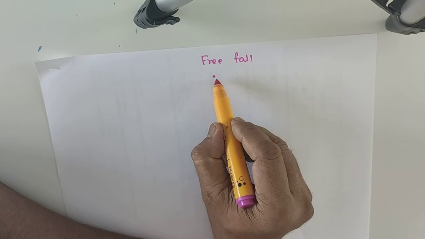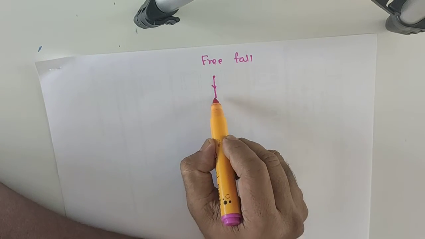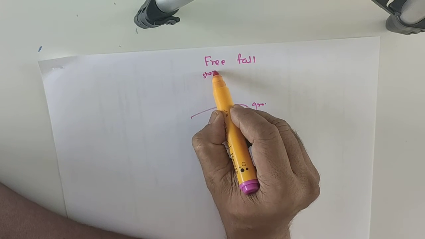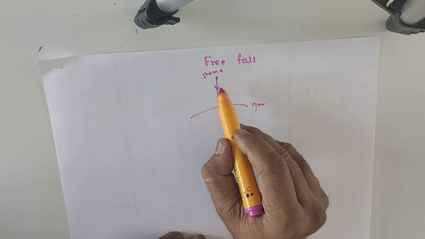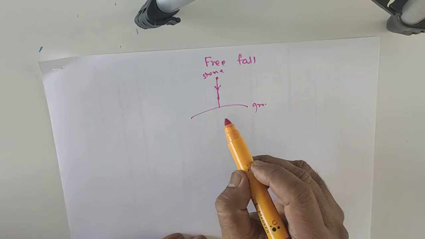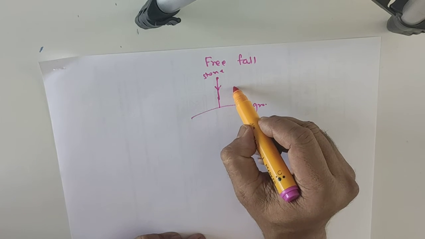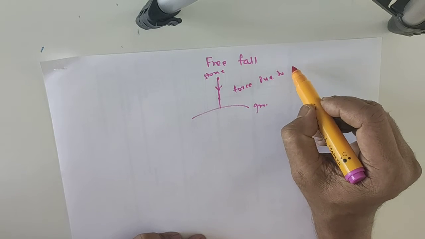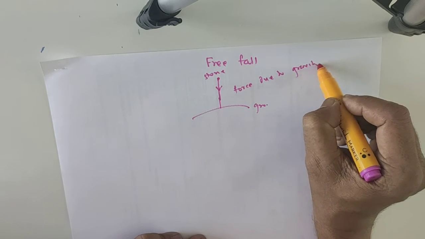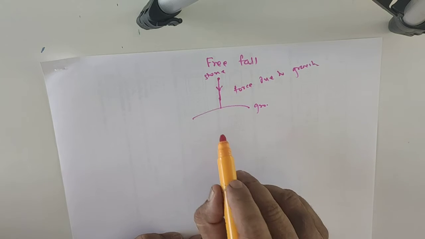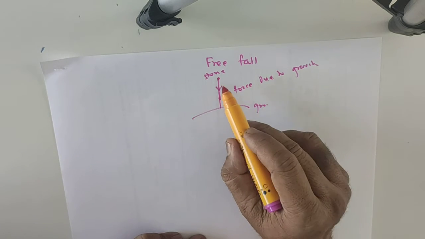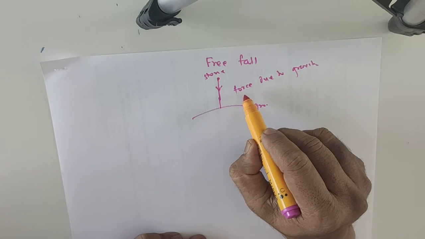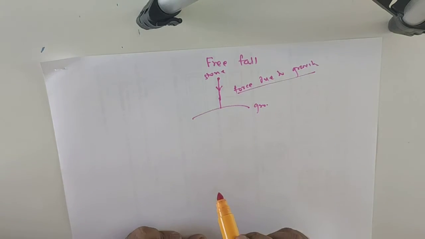When a stone is released, and this is the ground, say, and this is the stone, and if this object is released and there is only force due to gravity, then that type of fall is free fall. If there is only force of gravity.